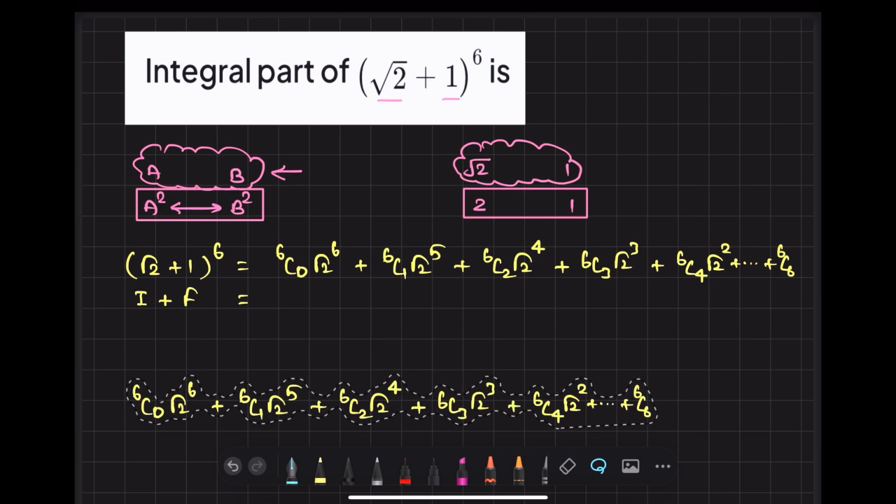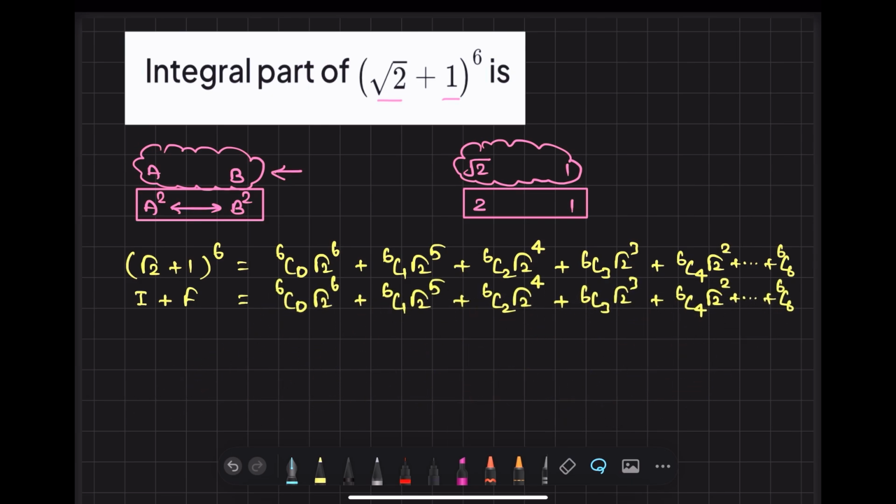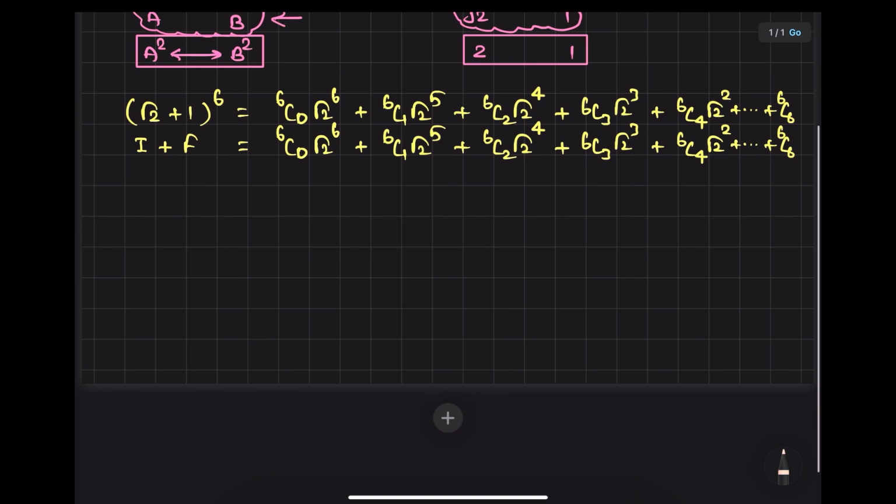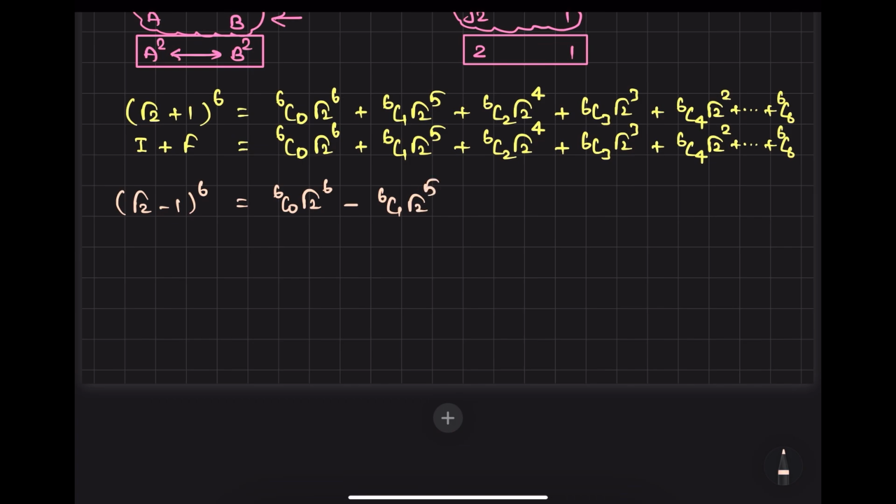Now look at this. Now I will take help of a minus b. So we have (root 2 minus 1) power 6. So now 6C0 root 2 power 6 minus 6C1 root 2 power 5, correct?